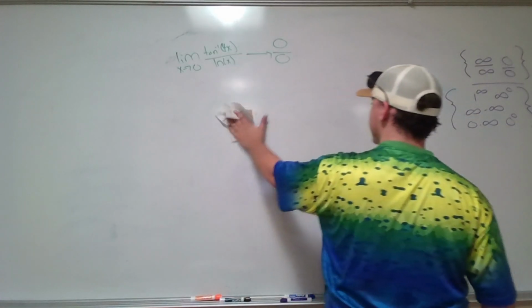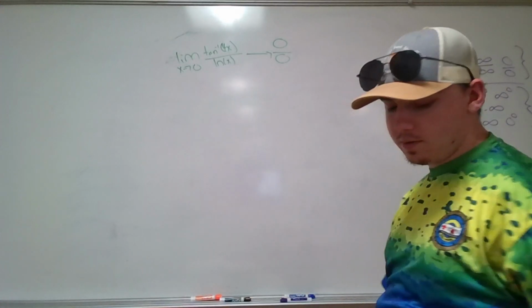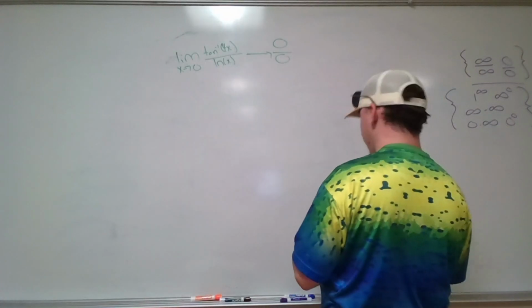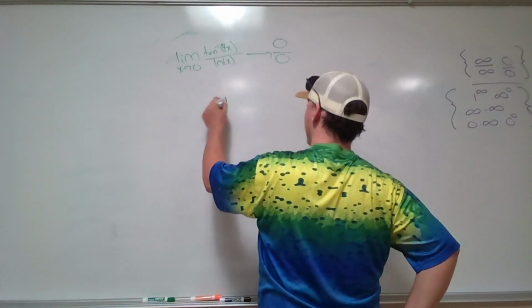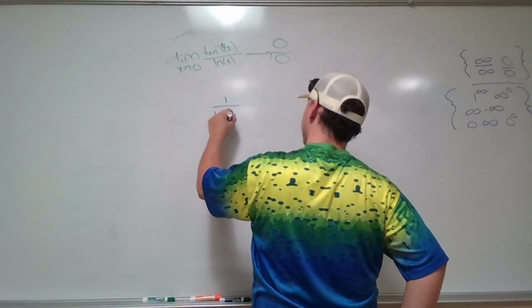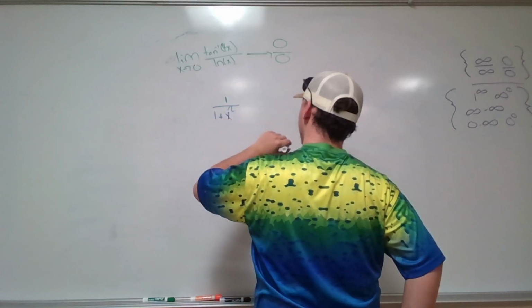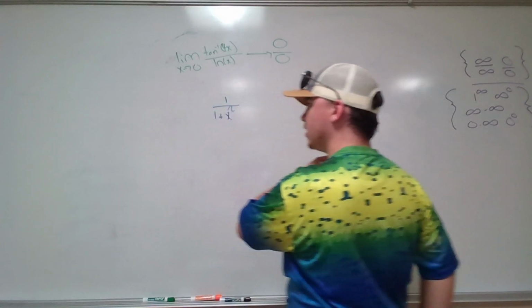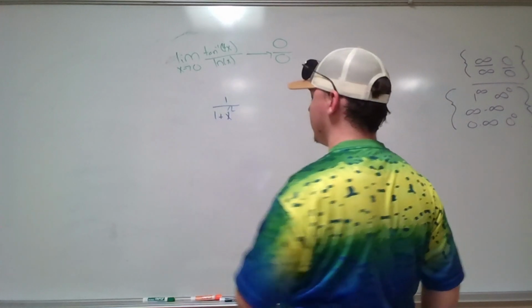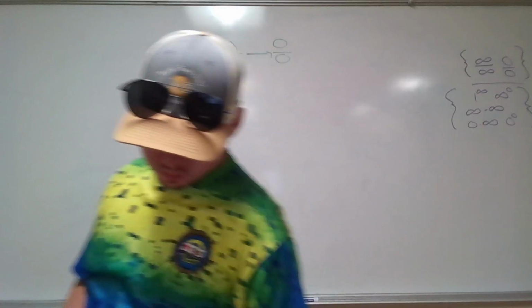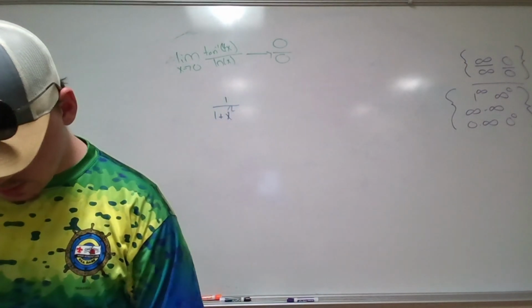So what we'll do is take the derivative of each of these. The derivative of arctangent is going to be 1 over 1 plus x squared. Let me check that.